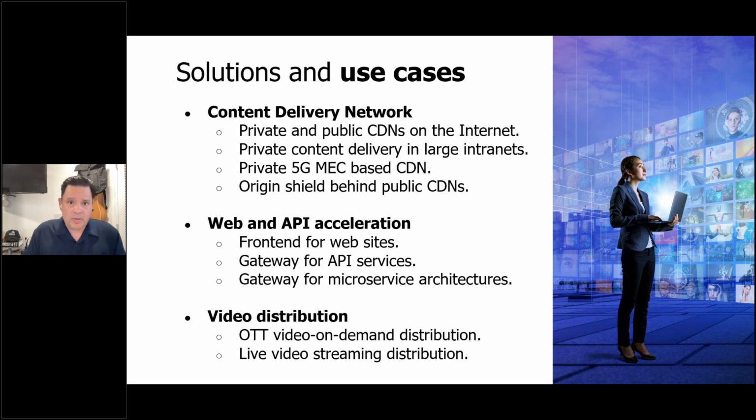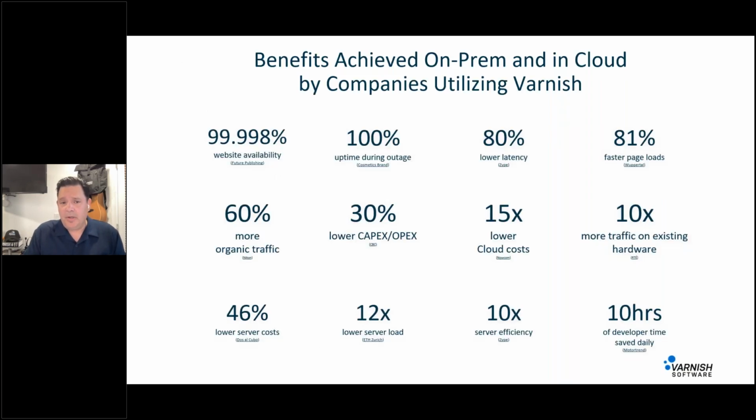And if we go to the next slide, we start to look at actual value delivered by implementing cache. Again, across the board, these are real world values that were communicated to Varnish or by our customers after implementing cache. I won't read all of these, but I'll point a few out that are very relevant here.